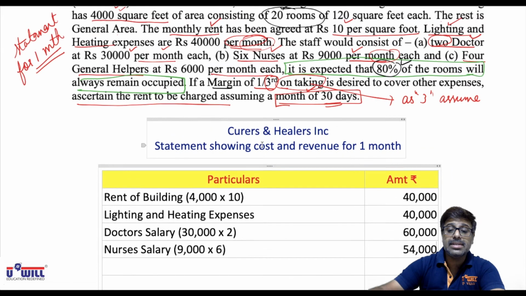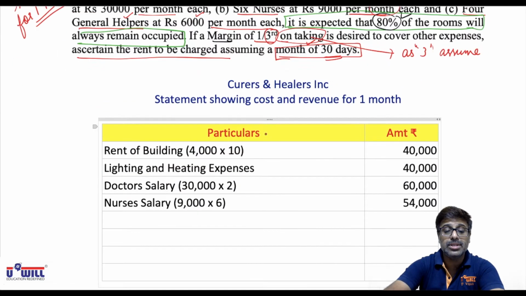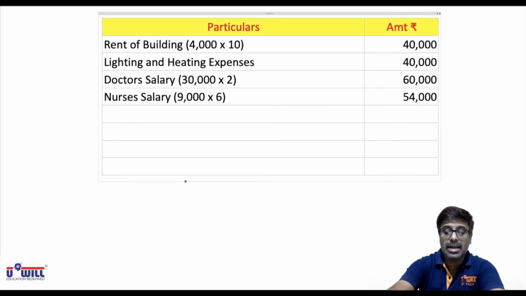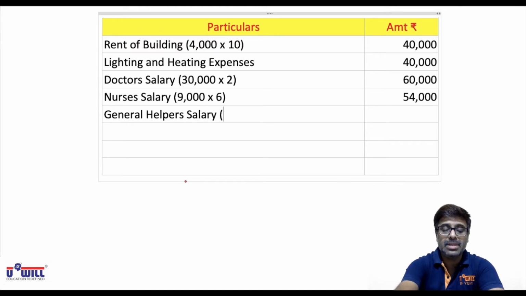Then after nurses salary, general helpers. There are 4 general helpers, 6,000 per month. So 6,000 into 4 comes to 24,000.